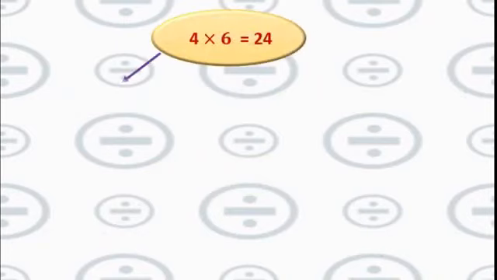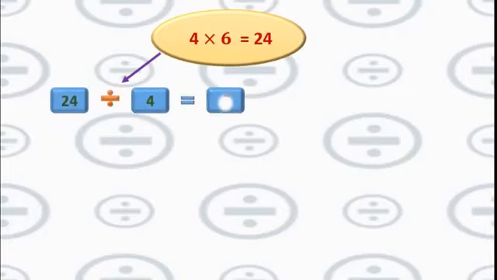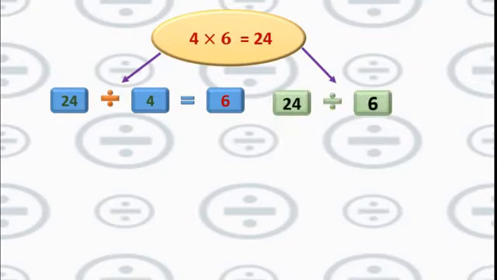4 sixes are 24. Again here we can write 24 divided by 4 is equal to 6. The same 3 numbers repeat, but they change their order. Okay. And the operation. 24 divided by 6 is equal to 4.